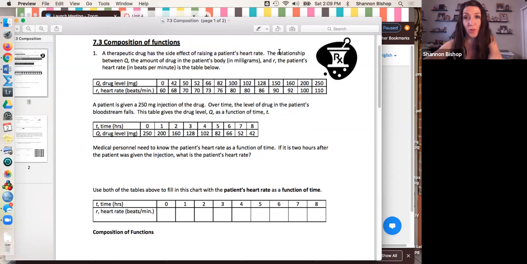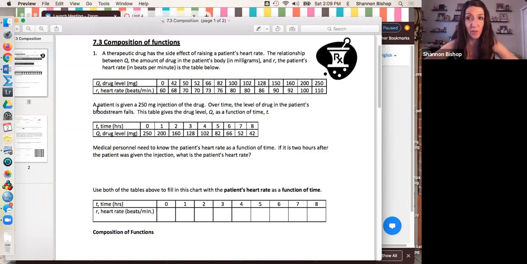And so the relationship between variable Q, which stands for the amount of drug in the patient's body, and variable R, which is the patient's heart rate, is illustrated in this table right here. So you can see that the more milligrams of drug that they have in their body, the higher that their heart rate is. So certainly side effects are a real thing.